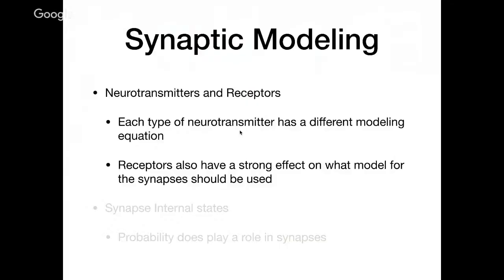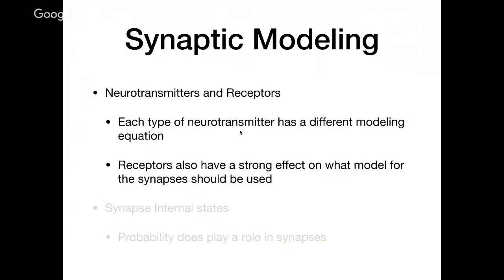Another question is how we would model synapses for neurons that are not spiking, because the modeling is very different between spiking and non-spiking neurons in terms of synaptic connections, and this definitely plays a huge role.